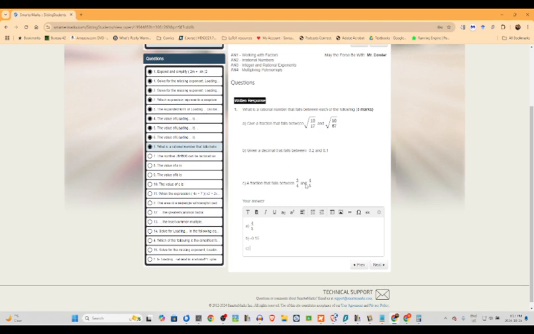Now, finally, 3 over 4 and 4 over 5. Putting them over a common denominator of 20, we have 15 over 20 and 16 over 20. So a number between those would be 15.5 out of 20.